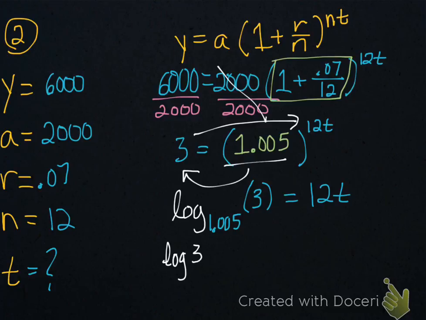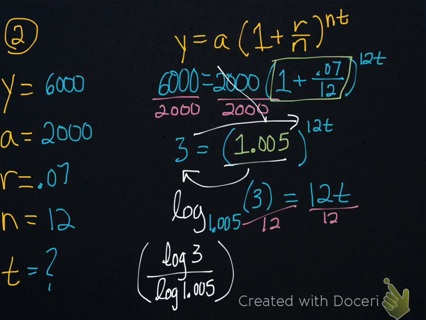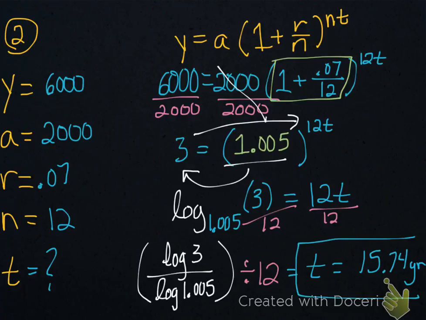So I have log 3 divided by log of 1.005, and we're going to divide by that 12 to get it onto the other side. When I plug it all in, I get 15.74 years. So in about 15 years, I will have tripled my money.